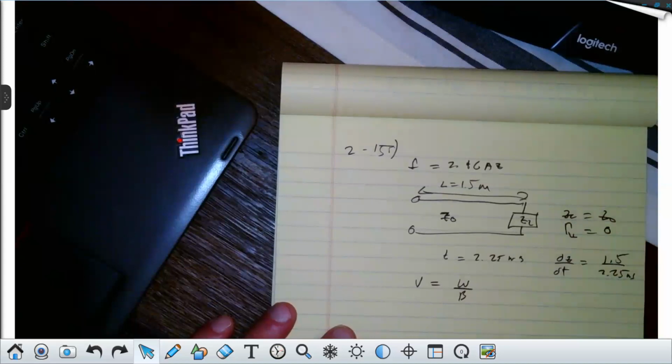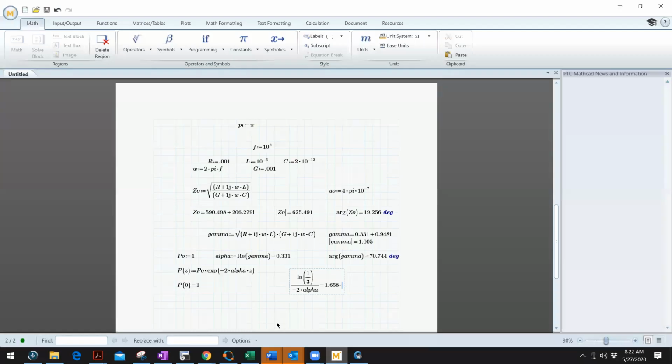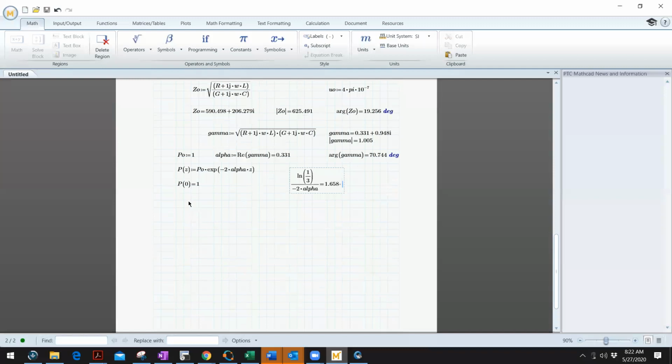So that means dz dt, and here's where I jump out of this screen and I go to here. So dz dt for this one, or V, I can just call it V phase, or just V, for this one is going to be equal to 1.5 divided by 2.25 times 10 to the minus 3.